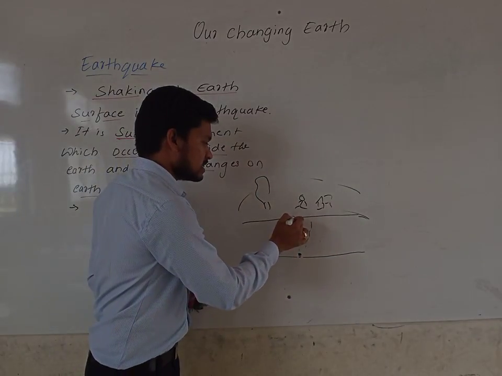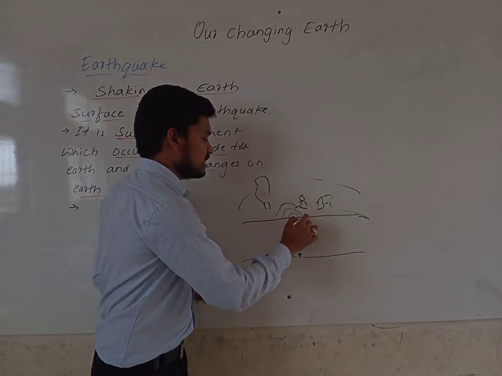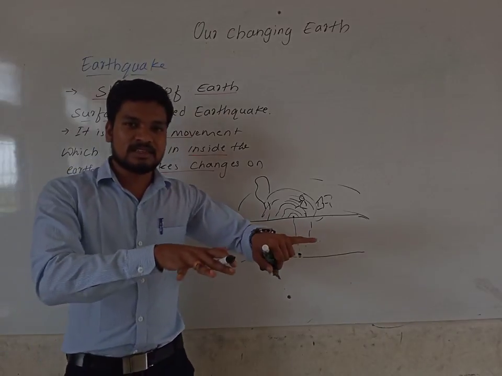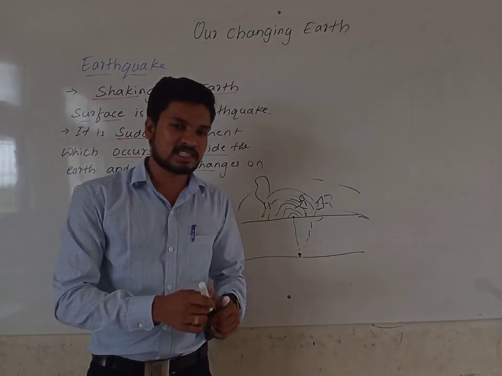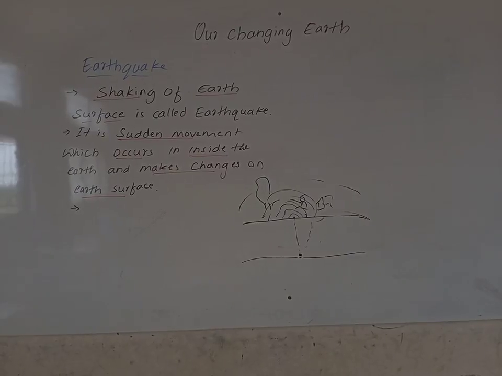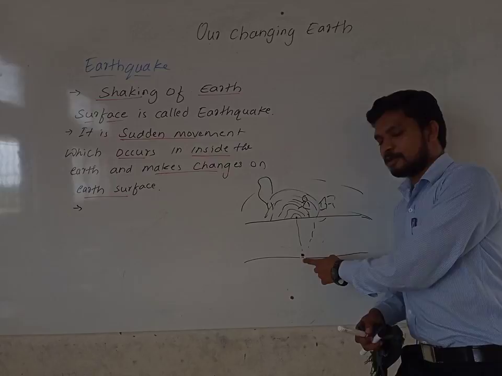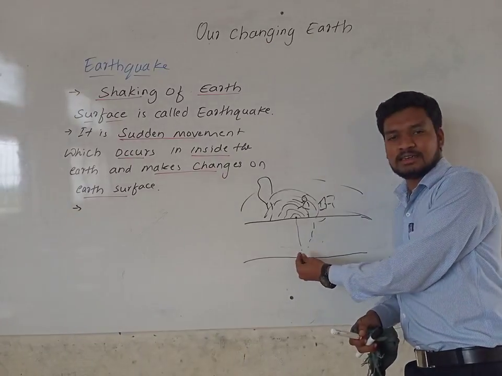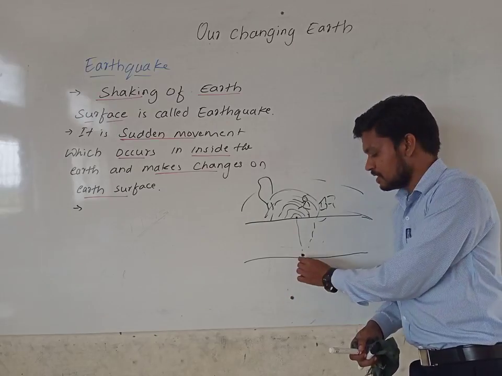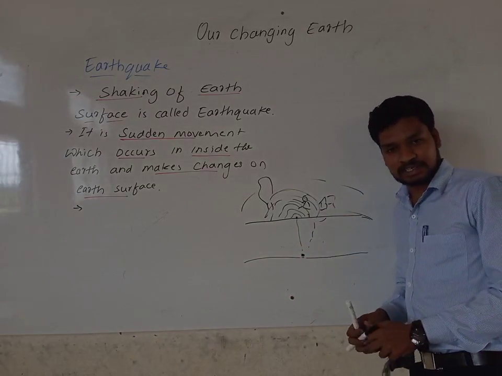When it reaches the earth surface, the wave increases, and this wave shakes the earth surface. It's a point where the energy is generated inside the earth. From this point, the waves move in all directions.